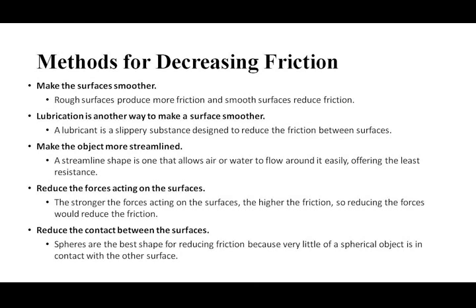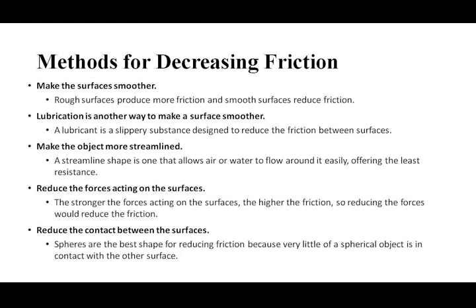Next, you can reduce the force. When you reduce the force that is acting on the surface, then you reduce the friction. And lastly, you can reduce the surface area. This is also related to making the object streamlined.